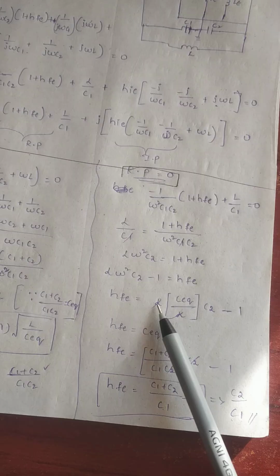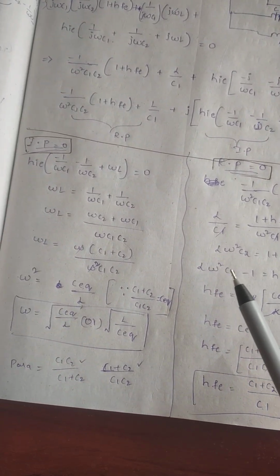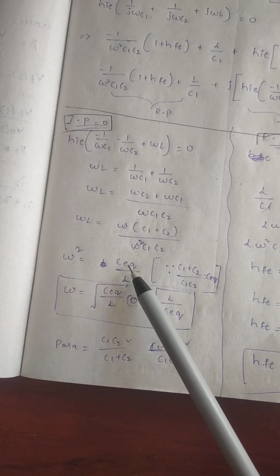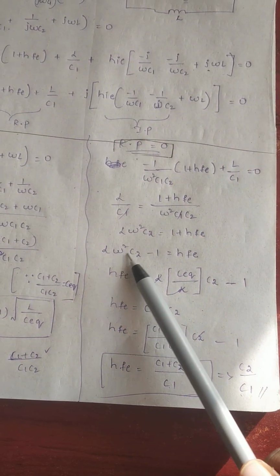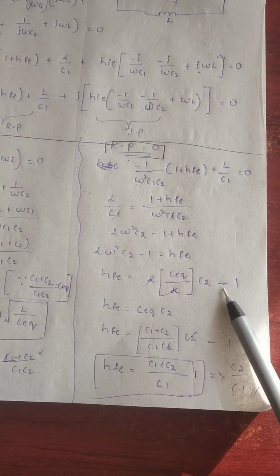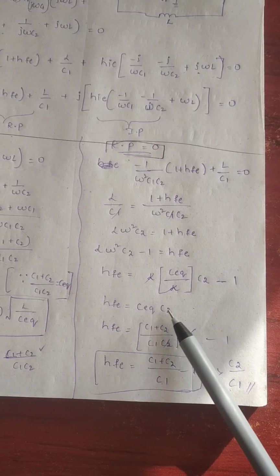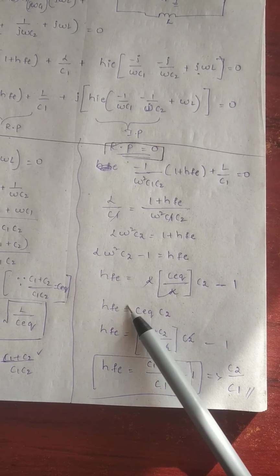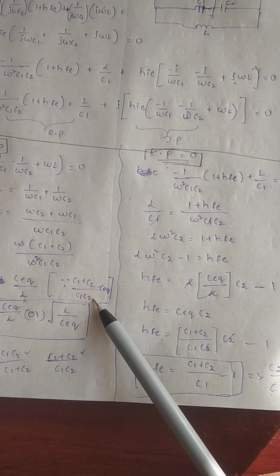HFE is equal to L, in the place of omega square, previously we got omega square value as C equivalent by L. Hence we are substituting in the place of omega square C equivalent by L, into C2 minus 1. L gets cancelled. HFE is equal to C equivalent C2 minus 1. We know that C equivalent is equal to (C1 plus C2) by C1 C2.